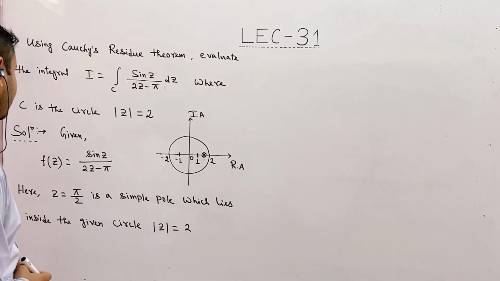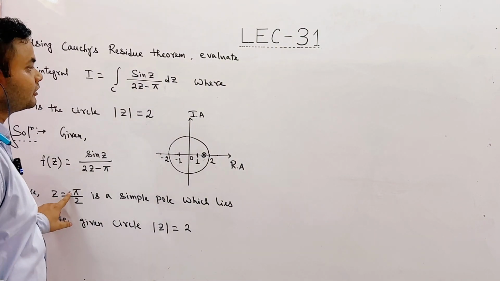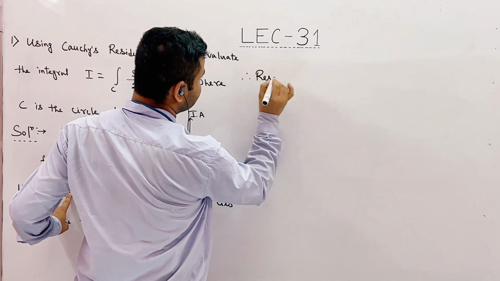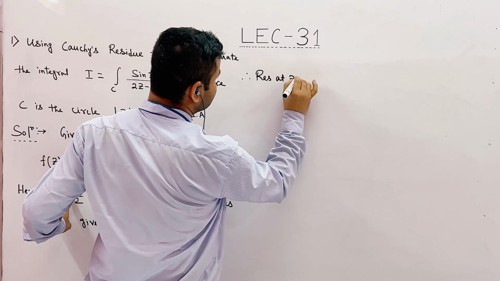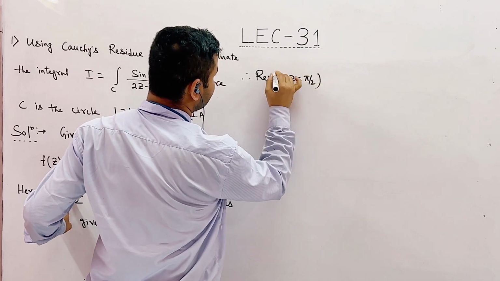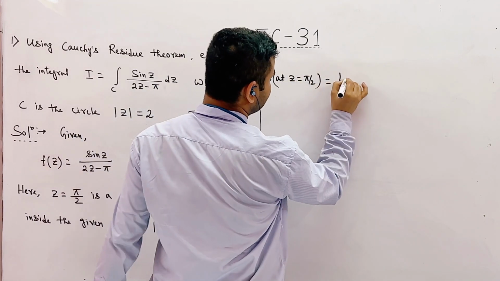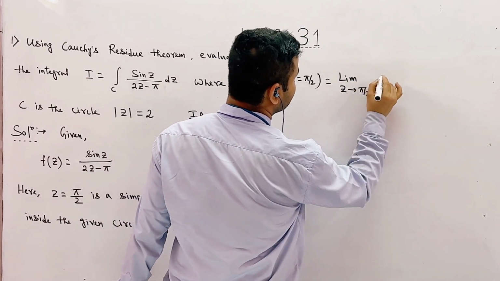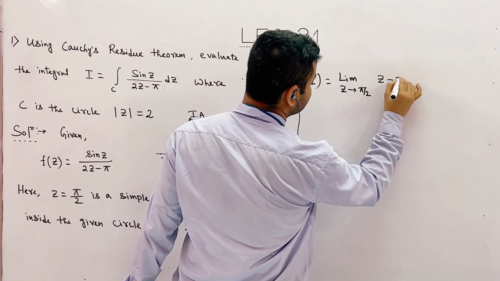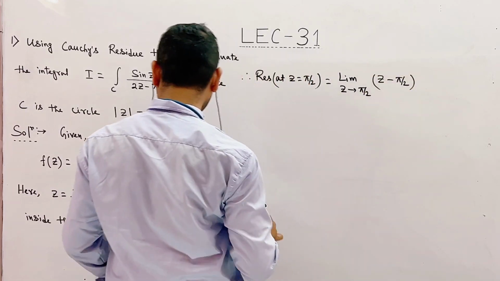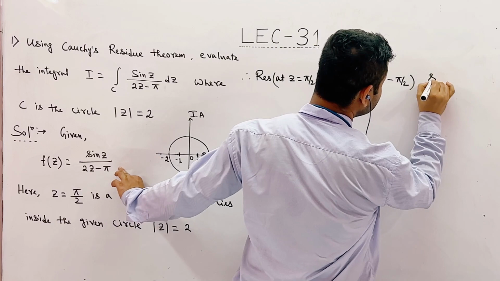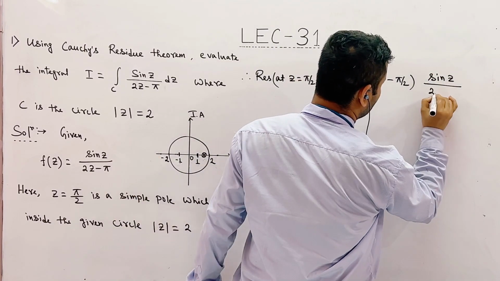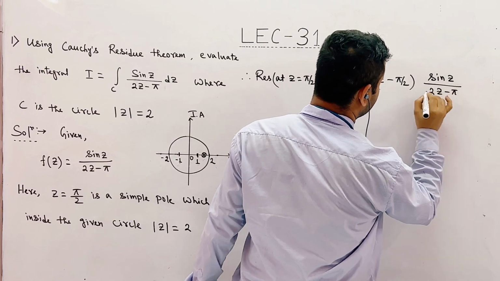Next, let us find the residue at z equal to pi by 2. So, the residue at z equal to pi by 2 is given by the limit as z tends to pi by 2 of z minus pi by 2 into f of z. Here f of z is sin z divided by 2z minus pi.